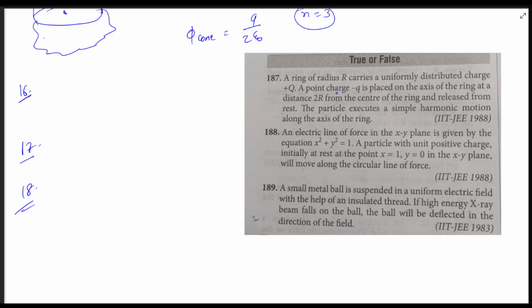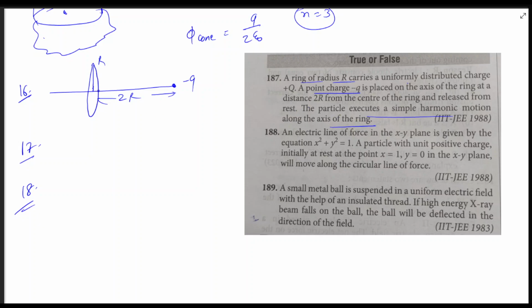Now the first: a ring of radius R carries a charge Q uniformly, and placed at a distance 2R, we have a charge minus Q. So if we have this situation, released from rest, the particle executes SHM.